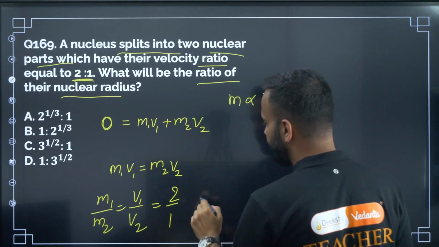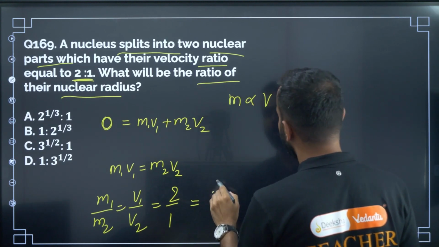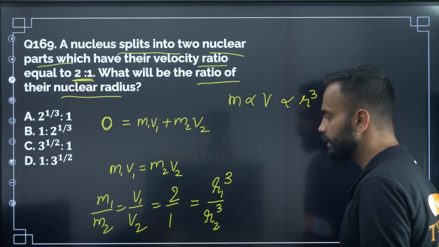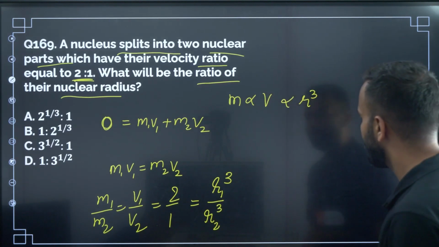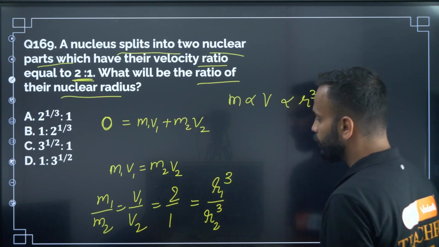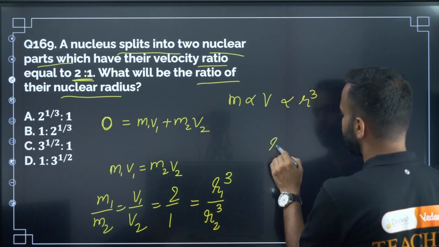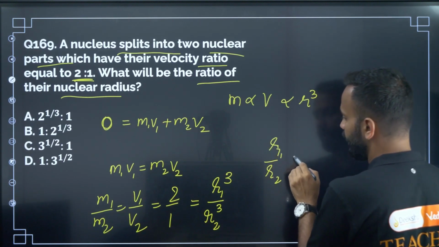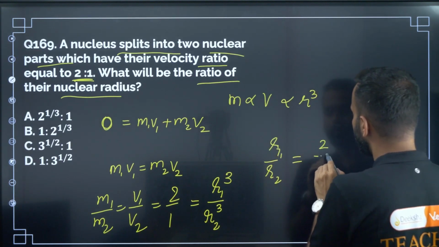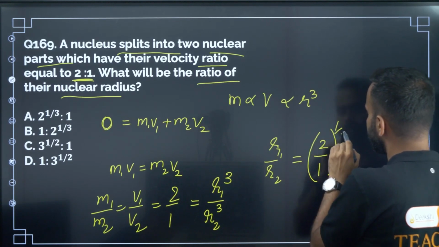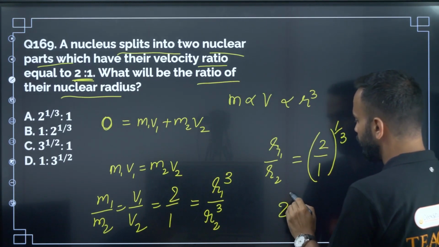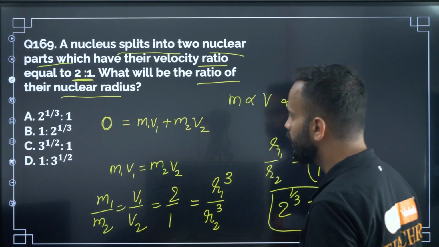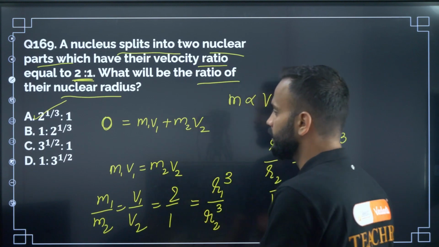So I can write this as r1 cube / r2 cube = 2/1. So r1/r2 = (2/1) to the power 1/3, or 2 to the power 1/3 is to 1. This is the answer. So option A is the correct answer.